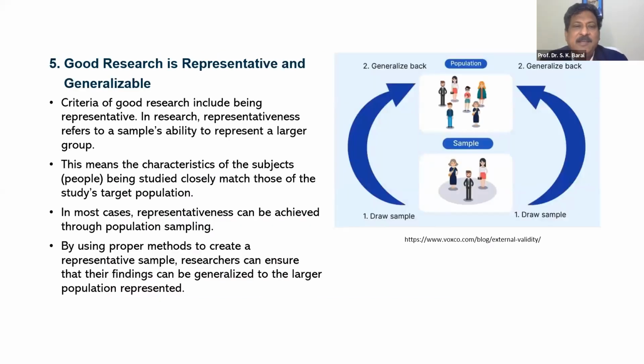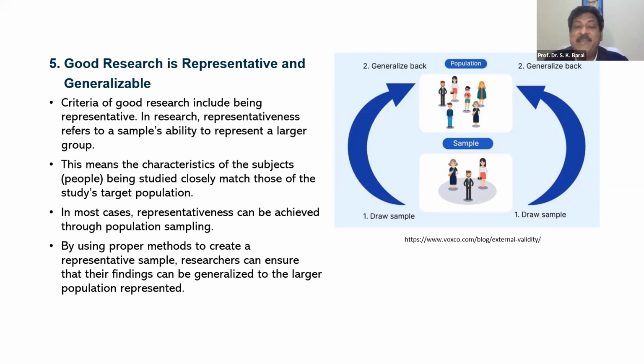And the fifth is good research is representative and generalizable. That means good research includes representativeness, which refers to a sample's ability to represent a larger group. Because the characteristics of the subjects, the people, I mean to say the society being studied, very closely match those of the study's target population.